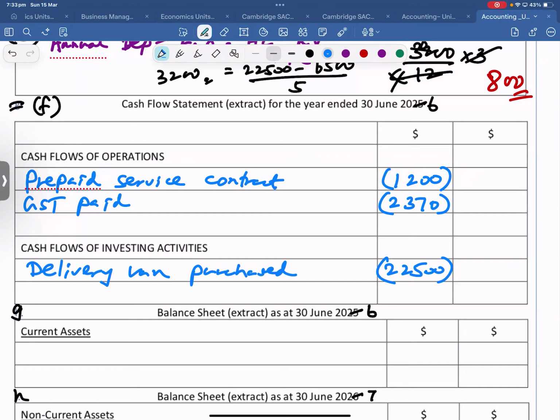Any other item coming? No, depreciation is not covered, because it does not pay cash. What else is coming? If financing was given, a loan. Actually, I missed it, I should have given it. Financing is also coming, the loan. Okay.